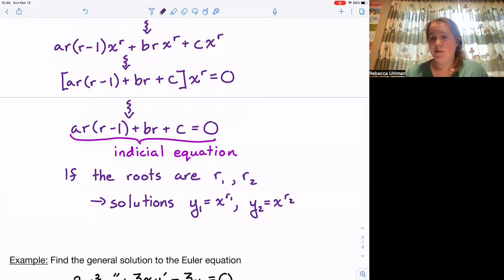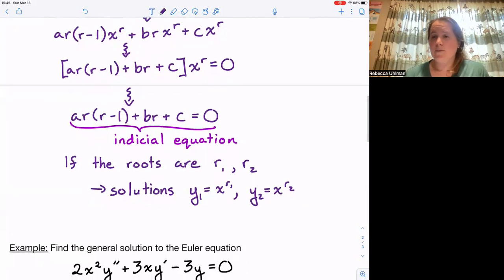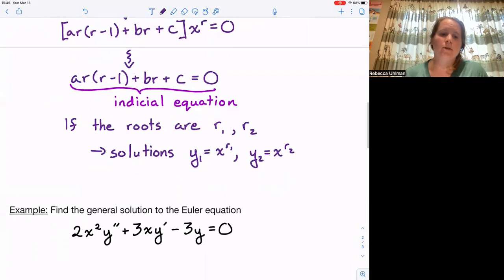Turns out if these are distinct real roots, they do make a fundamental set of solutions. We'll do that more specifically in the next video.